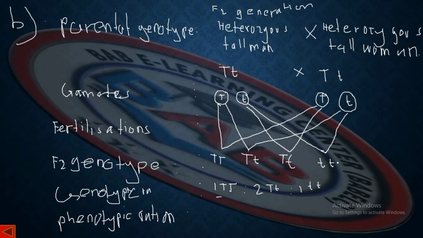However, this one contains two recessive alleles, and they express their effect, resulting in a short offspring. Thus, the phenotypic ratio is 3 tall, then 1 short. This results in a monohybrid phenotypic ratio of 3 to 1.